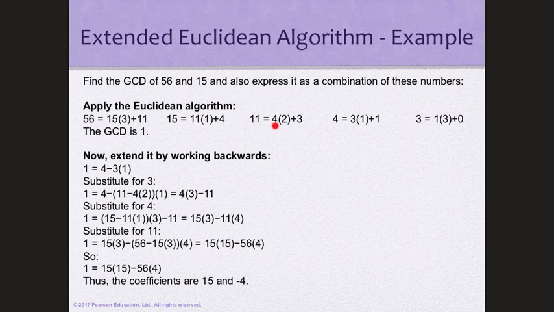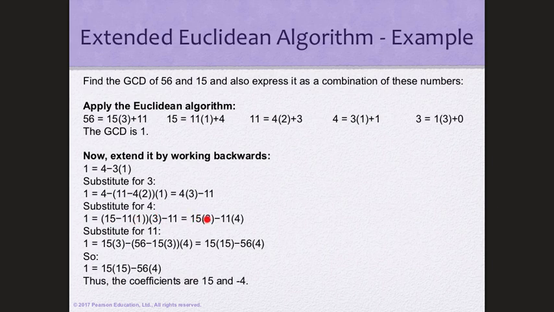The 4 was the remainder in this equation, so you can substitute using this equation. So again, in place of this 4, the one that we see in the simplified version, we put 15 minus 11 times 1. We remove the 4, and we replace it by 15 minus 11 times 1, multiplied by 3, minus 11.